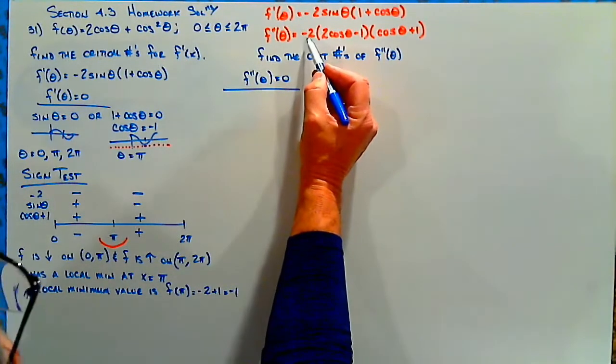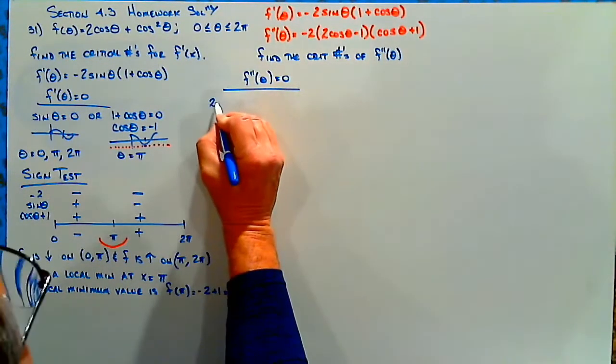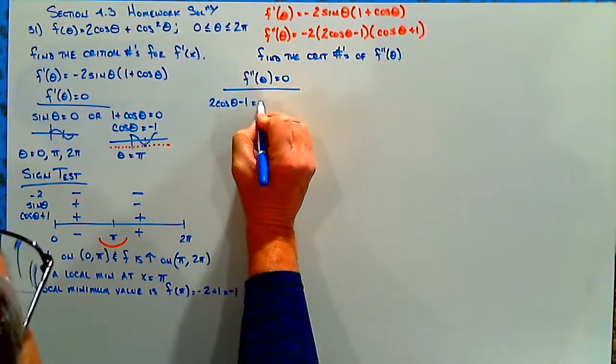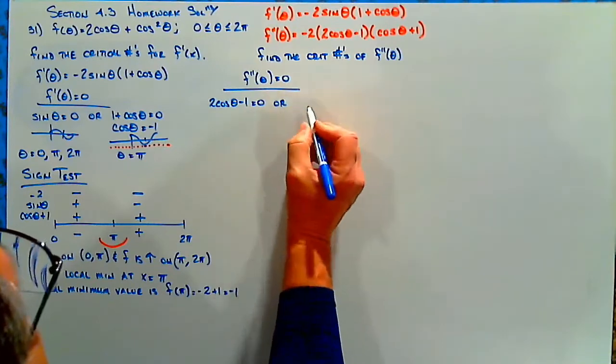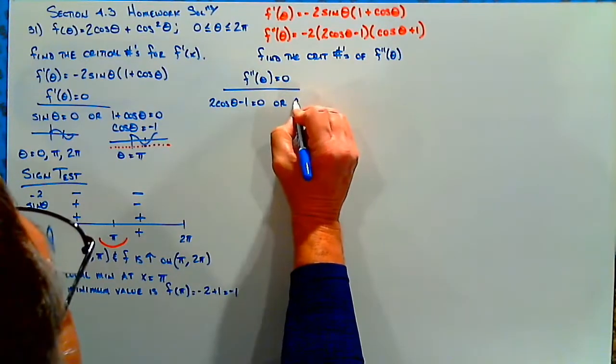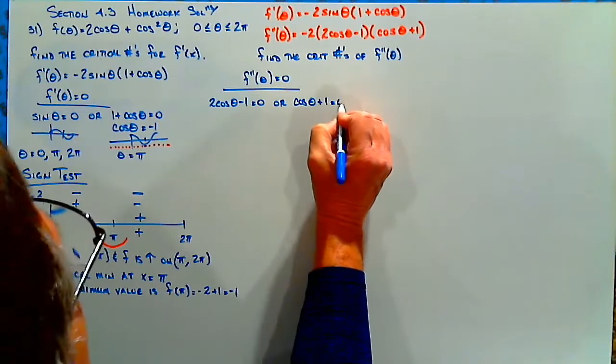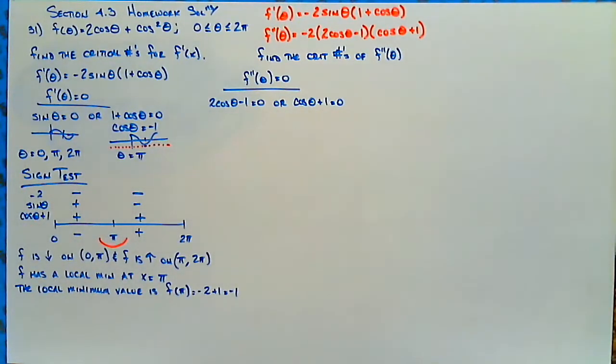So negative 2 is not a 0. So we're going to have 2 cosine of theta minus 1 equals 0. Or we're going to have cosine of theta plus 1 equals 0. Those are going to be our two equations that are going to give us our critical values.